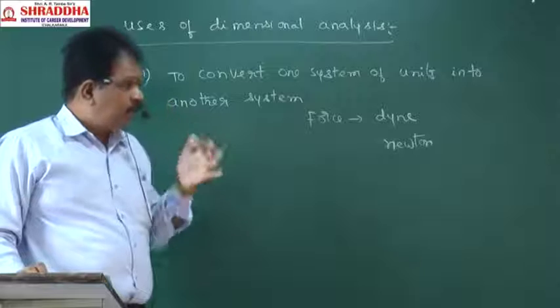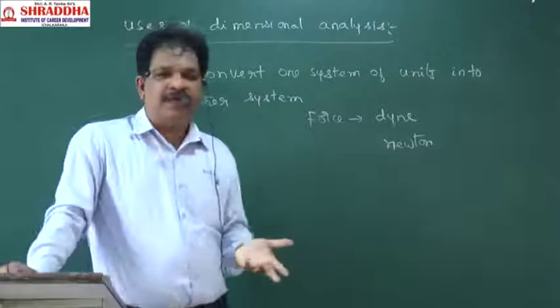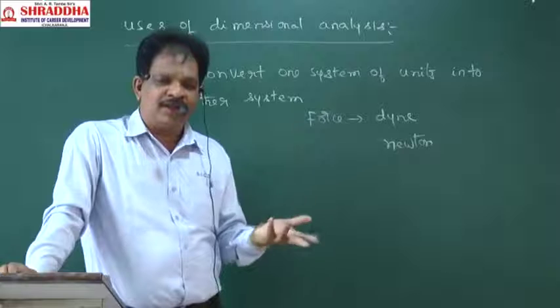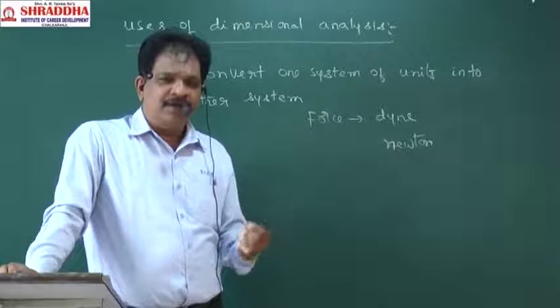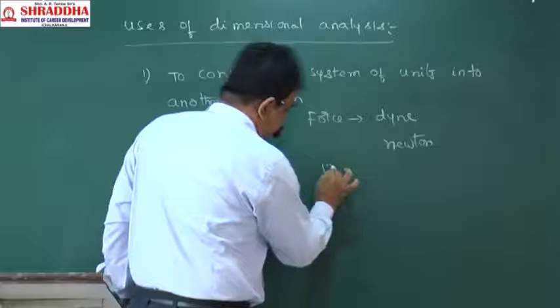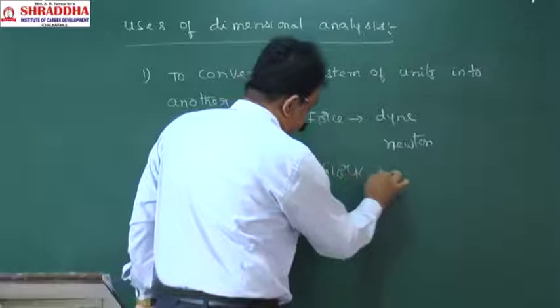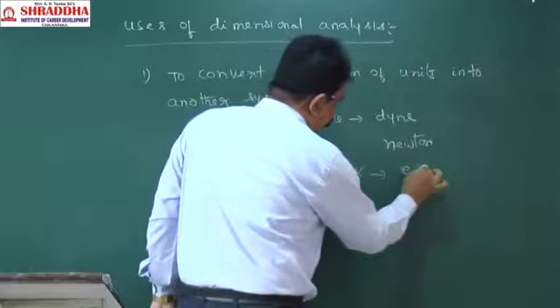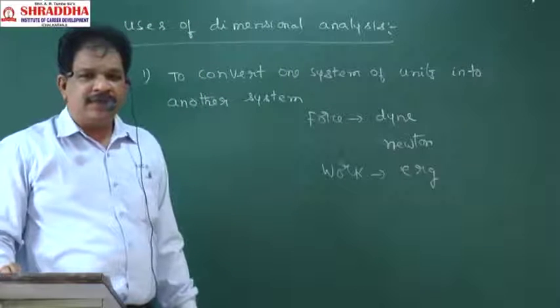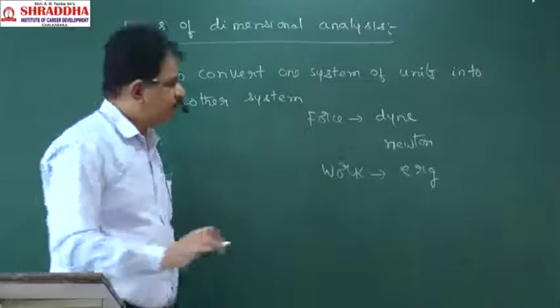Okay? So if one system of units is given and they ask to convert it into another system, then we will use dimensional analysis. If you take work, the CGS unit of work will be erg.